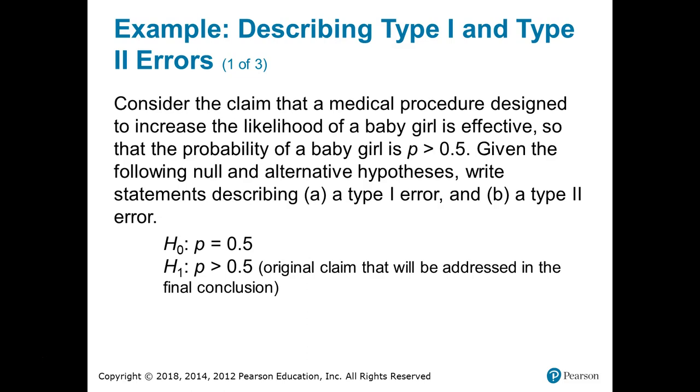So consider the claim that a medical procedure designed to increase the likelihood of a baby girl is effective, so that the probability of a baby girl, P, the population parameter or proportion, is greater than 0.5. Given the following null and alternative hypothesis, write a statement describing a type 1 error and a type 2 error.